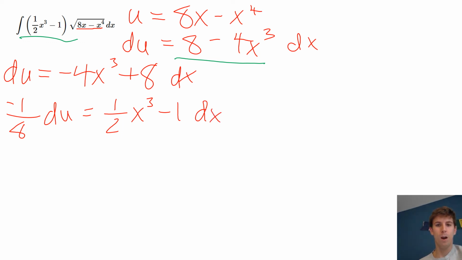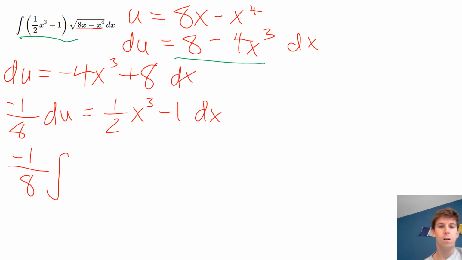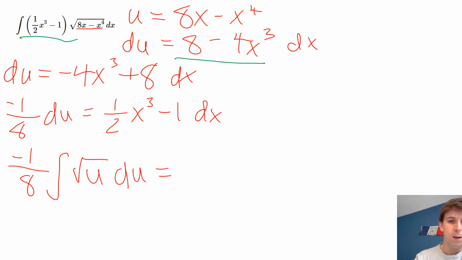Beautiful. All right, so now let's get our integral all in terms of u. So I'll have negative 1/8. I'm just left with that radical now. That's square root of u du. And I'll just need to convert that to a fraction exponent before using the reverse power rule.